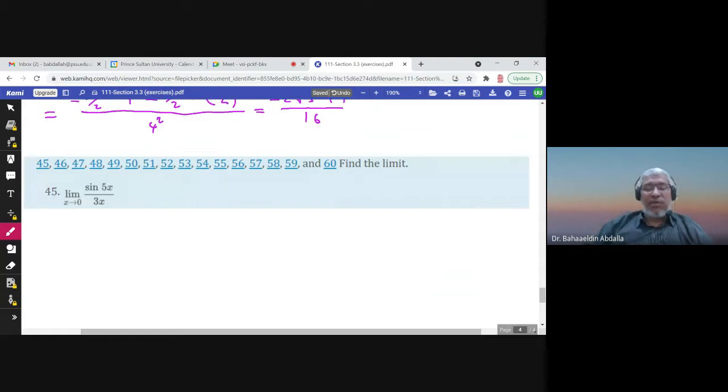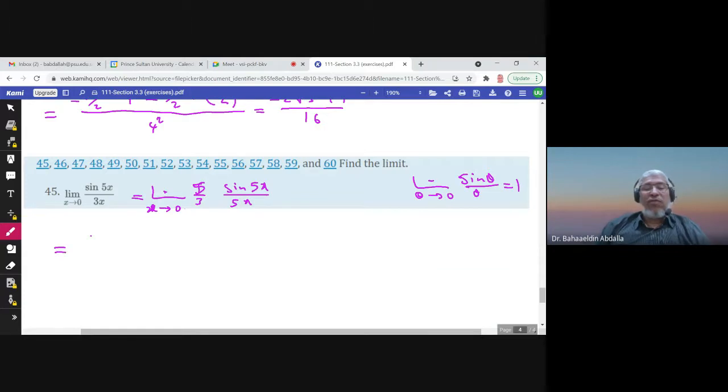Find this limit. Well, we have seen that the limit of sine theta over theta when theta goes to 0 is 1. So what I can do here is take 1 over 3 out, and then I will have sine 5x over x. I need 5, so I will multiply by 5.